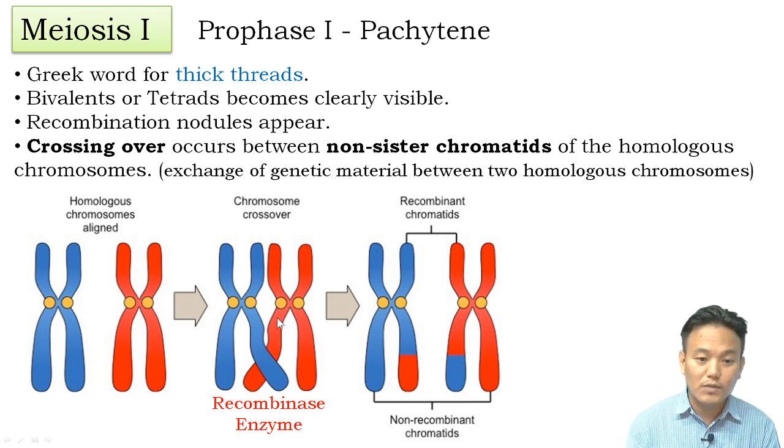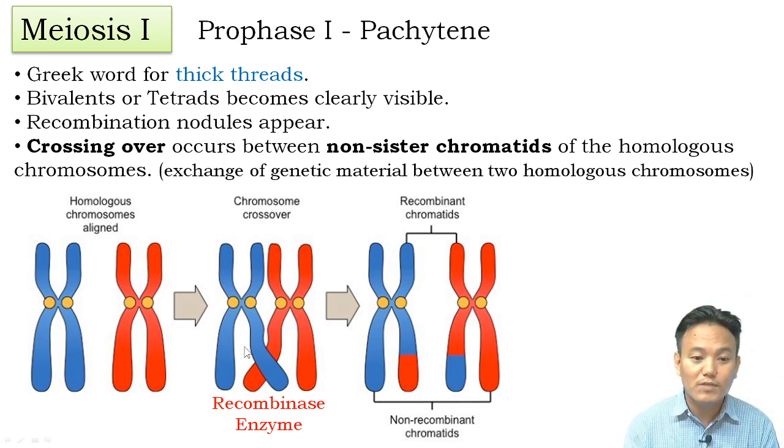Okay, so it is between non-sister chromatids, not sister chromatids. Crossing over occurs between non-sister chromatids. This crossing over is very important because, because of this crossing over, there is exchange of genetic material between the two homologous chromosomes.